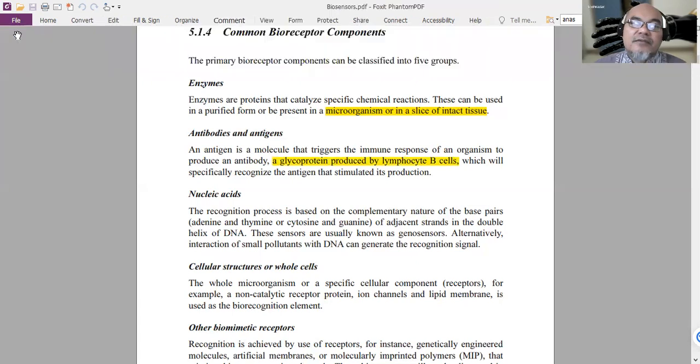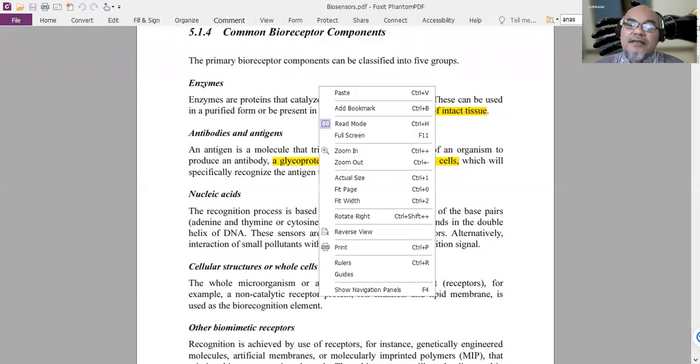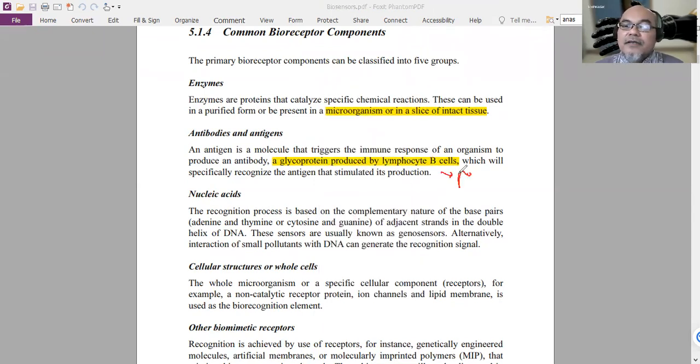In polyclonal antibody, the antibody that is produced is not sensitive towards only one site of the antigen. Let's say, for example, you have this structure, the structure of the antigen. Then you put it inside mammals, inside a rabbit or inside mice, to produce the antibody.